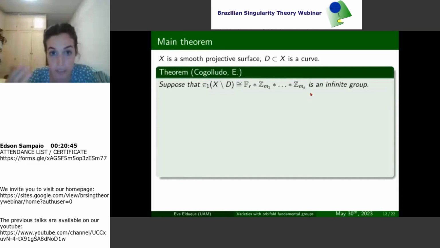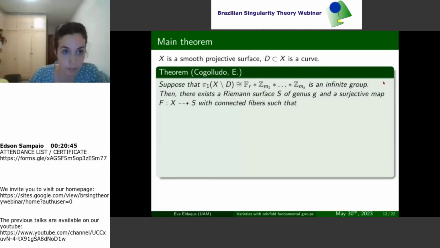So if this group is infinite, so if it's not a finite cyclic group or the trivial group, then we have the following. There's always going to exist a Riemann surface and a surjective rational map with connected fibers. By surjective rational, what I mean is that in its maximal domain of definition, it's surjective.